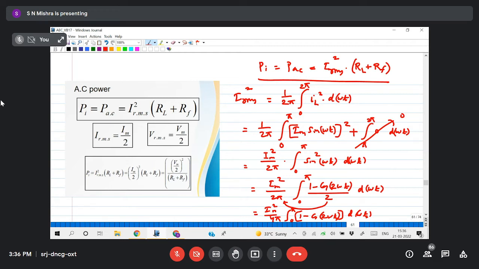If you integrate and put the limit, what is the final answer? Just tell me the answer of this integration part.